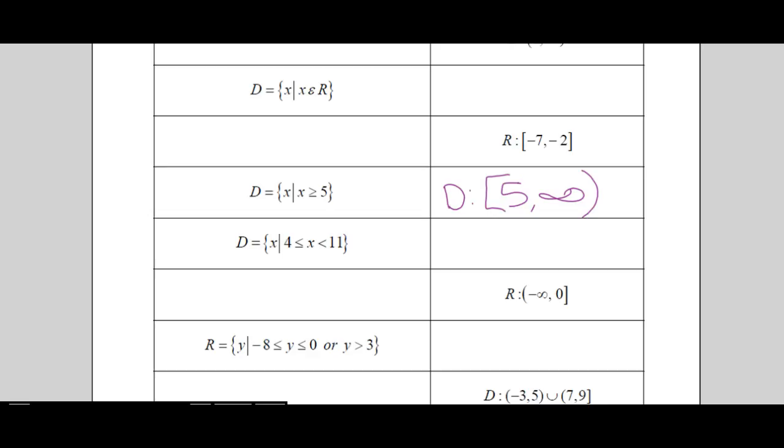I'm going from 5 to infinity. Are you including the 5? I got a square bracket, I'm including the 5. If that was strictly greater than 5, it would be a round bracket with the 5, saying do not include the 5, but anything above. And anytime you've got an infinity, you have one square bracket and one round bracket.